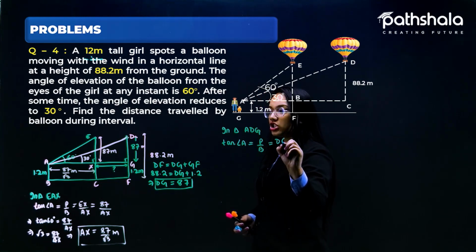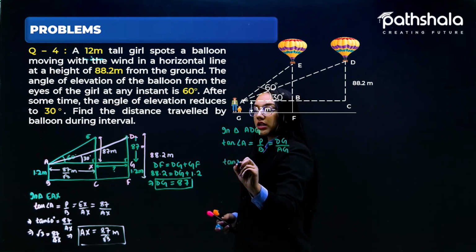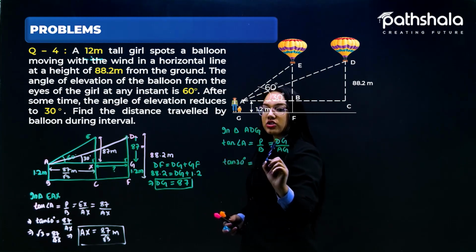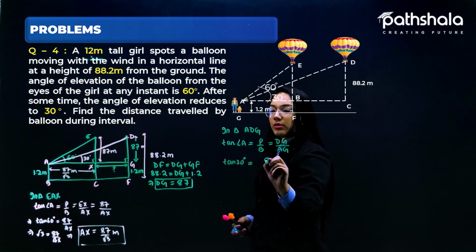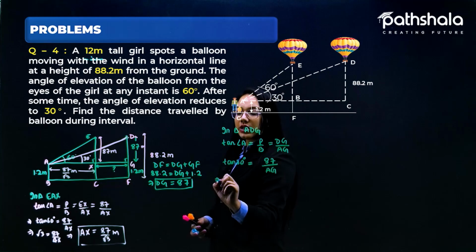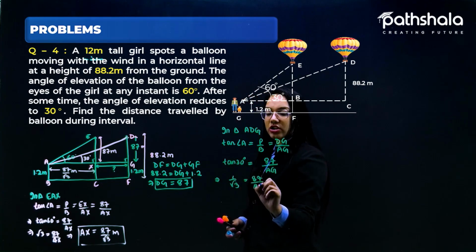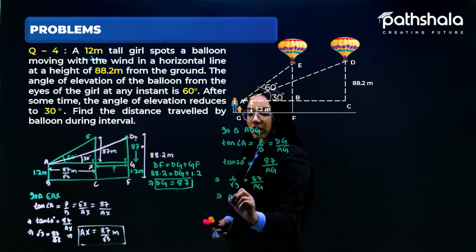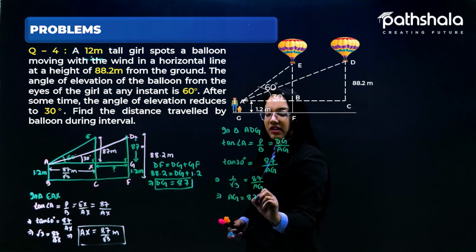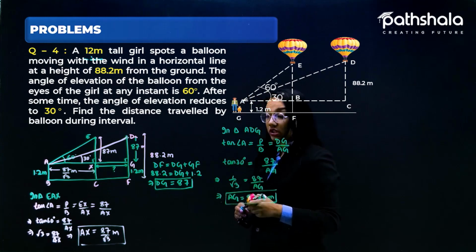The perpendicular is DG and the base is AG, and we know that the angle A is 30 degrees. So tan 30 degrees is equal to DG, which is 87, divided by AG. We have to calculate AG. So tan 30 is 1 by root 3, which is equal to 87 by AG. So after sorting it out, AG comes out to be 87 root 3 meters. So AG is a total of 87 root 3 meters.